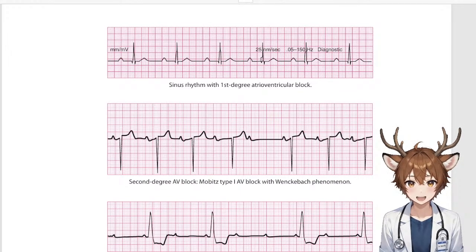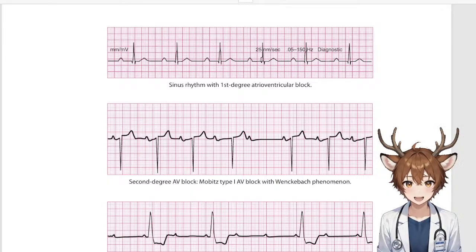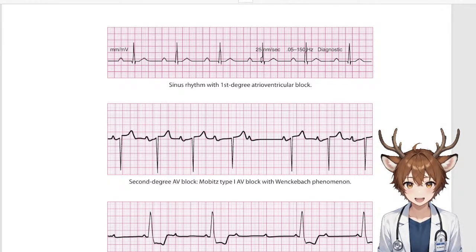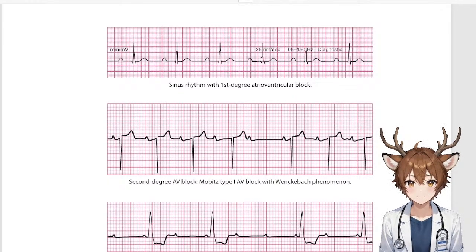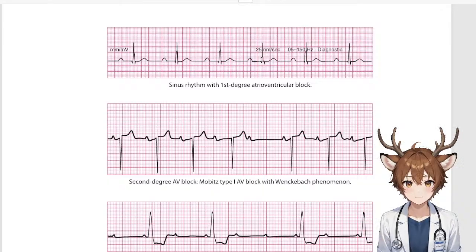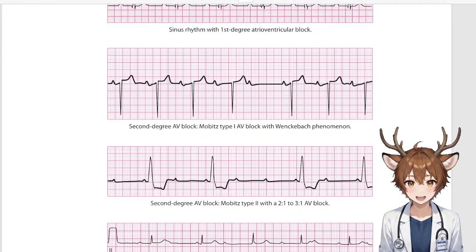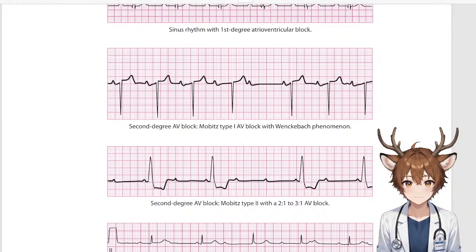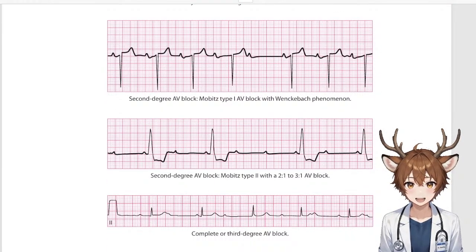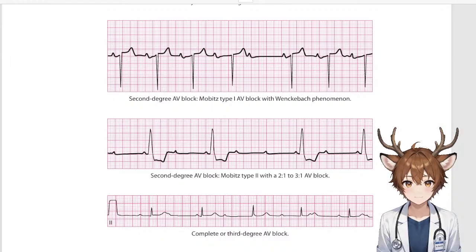I guess it is, yeah, it's getting smaller and smaller. So the interval becomes smaller and smaller until it just is gone. And then Mobitz type 2, right here, there's no change. It's just randomly, there's a gap and that's it. There's no trend going on that resets itself, like in Mobitz type 1.